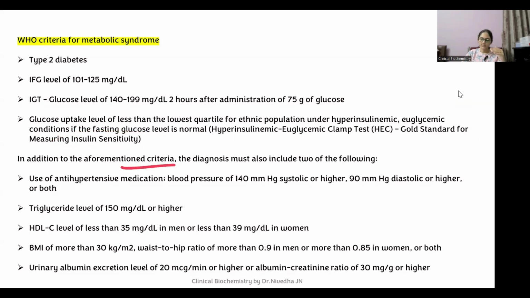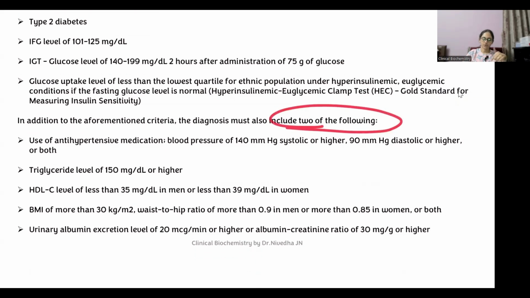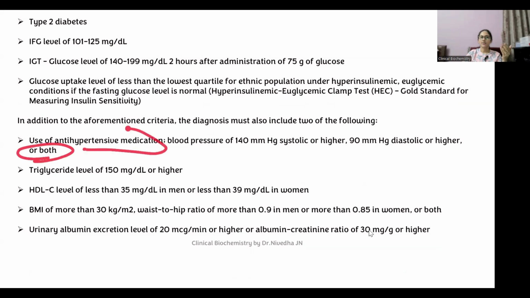In addition to these, the diagnosis must also include two of the following. Again, these criteria are similar to the NCEP criteria, with minor changes. Blood pressure more than 140 systolic, more than 90 diastolic, or both, and use of antihypertensive medication in a patient.